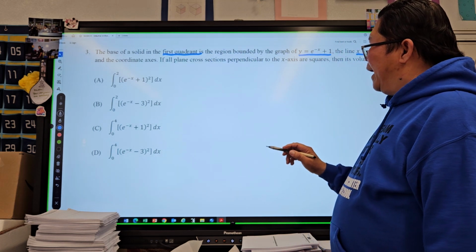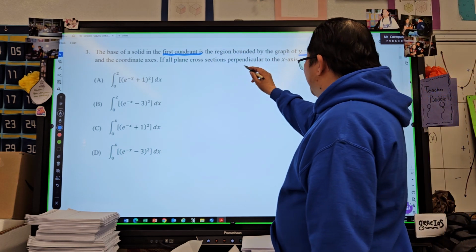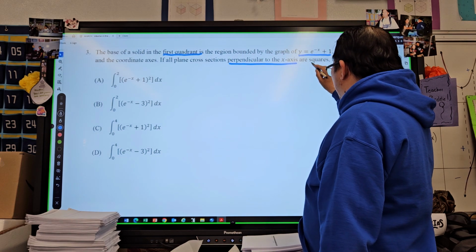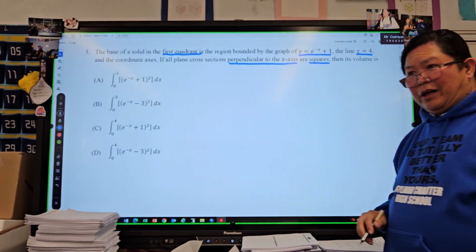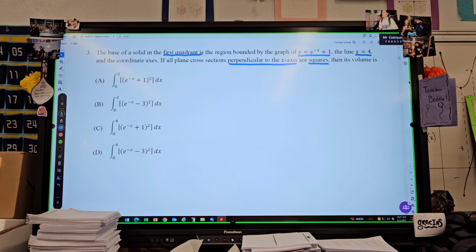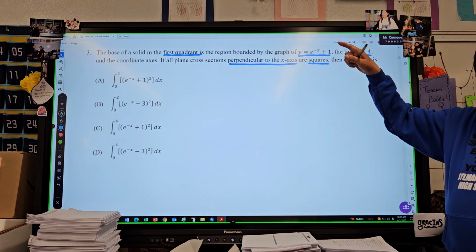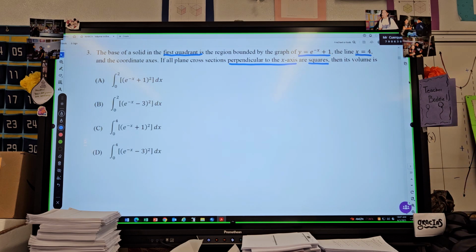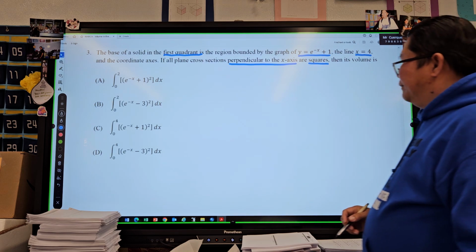If all plane cross sections perpendicular to the x-axis are squares. Can you graph this first? This is an exponential graph, right? So the graph is going down, a decreasing function.